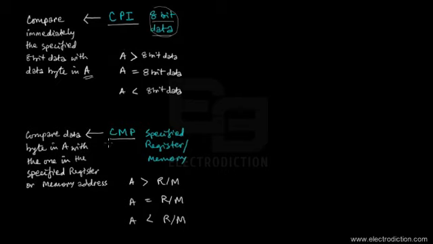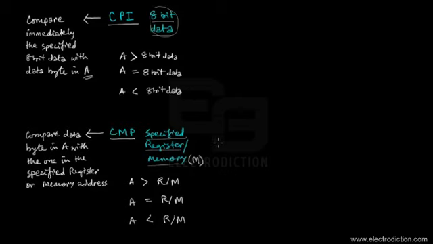While the CMP instruction has a specified register or a certain memory location as its operand. Now you don't write any memory location over here, so the memory I'm talking about is just represented with the symbol M, meaning that this refers to the corresponding 16-bit memory location stored in the HL register pair.